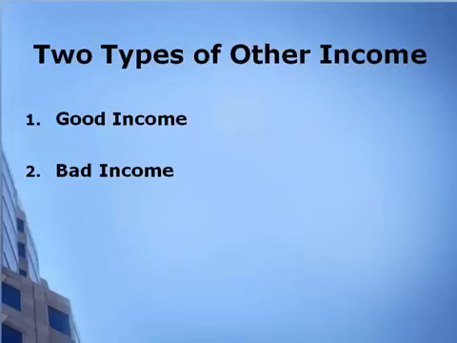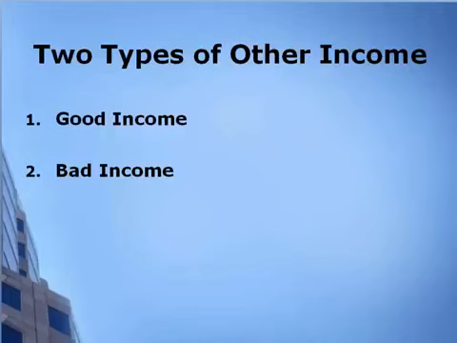But if there's income in this analysis that we should not include, that will help us by reducing the net operating income and thereby reducing the value of the property. Okay, so it is important that when we look at the other income section, we break it down between including the good income and excluding the bad income.